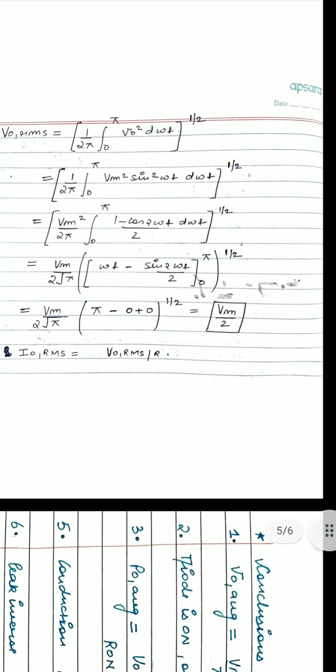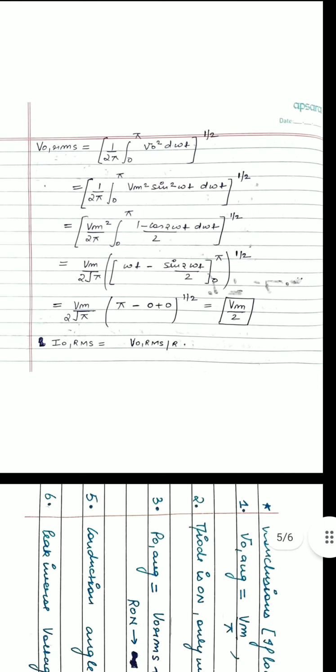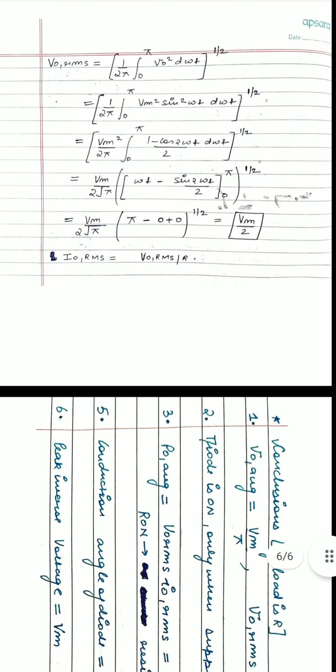So from here we can get V naught RMS as Vm by 2. You can solve it. And as it is a resistive load, I naught RMS is nothing but V naught RMS divided by R.